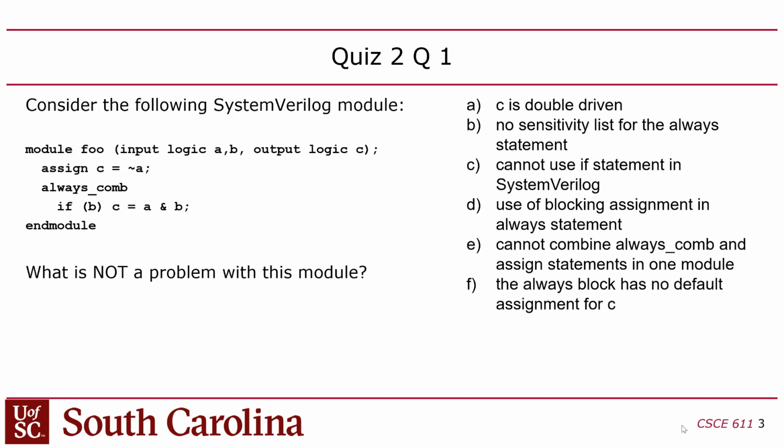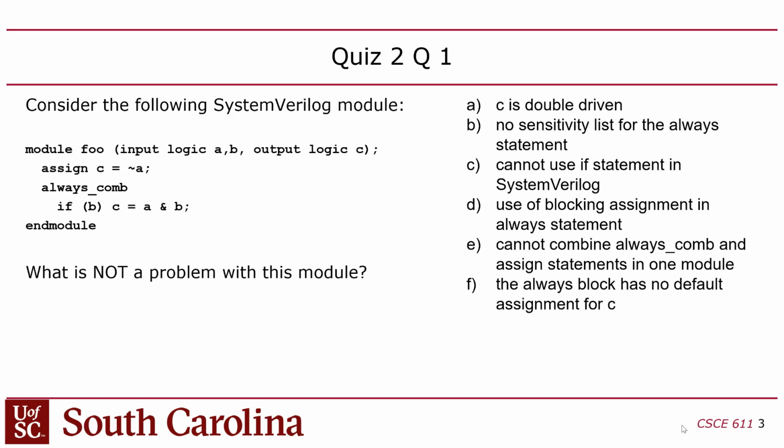B is no sensitivity list for the always statement. That's okay if you have an always_comb, because the always_comb considers any input in the sensitivity list. So that's not a problem, which means that is one of the correct answers. Yeah, there's more than one.